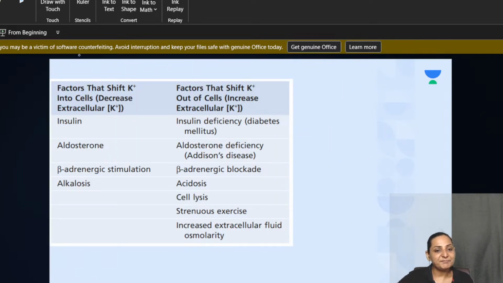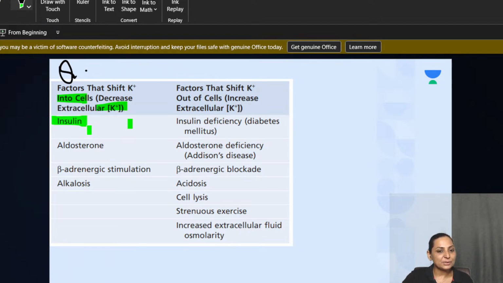Then this is the very important table which will tell you about the factors which take the potassium inside and outside. So factors that shift the potassium into the cells, that is decrease the potassium extracellularly, are insulin.